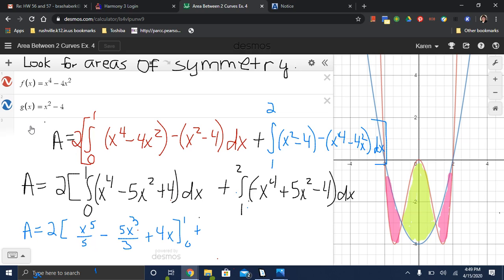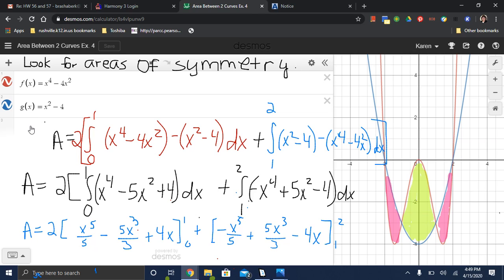We'll have negative x to the 5th over 5 plus 5x to the 3rd over 3, and then minus 4x. And again, evaluating this part from 1 to 2.